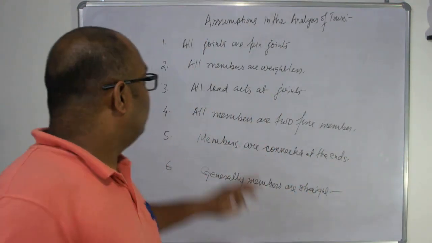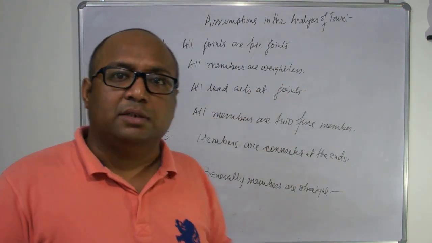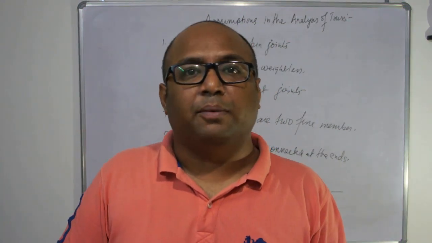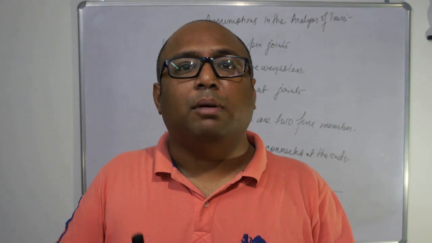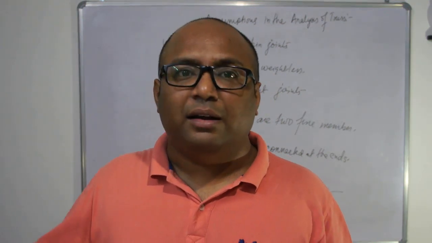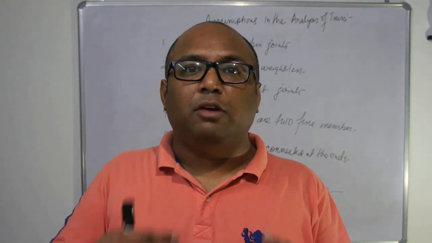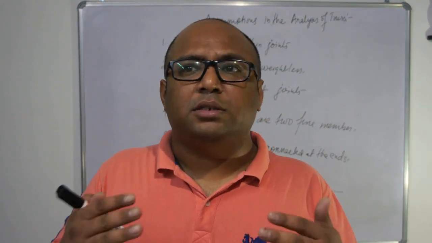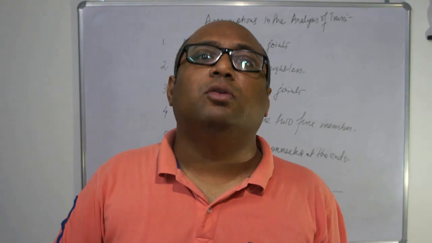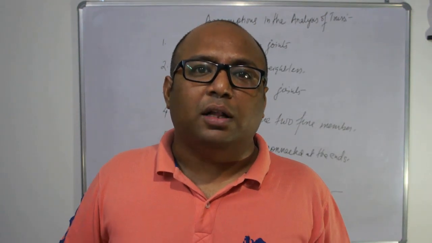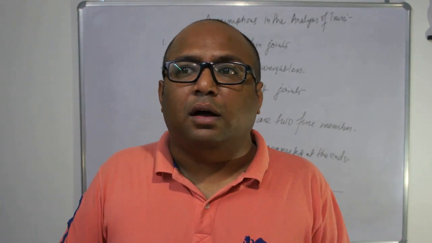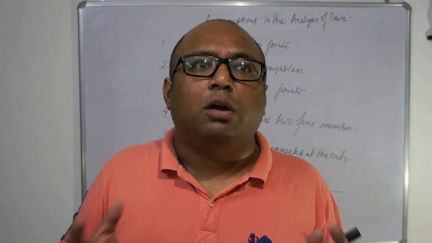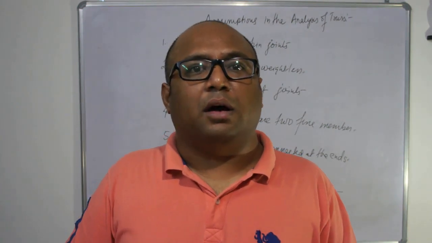Second point, all the members are weightless. So what does it say? We are assuming that all the members are not having any weight. In reality, it does have, but the weight of the member is too small compared to the load it is going to sustain, and therefore the magnitude of its own weight is not producing a major effect, and therefore we can ignore it.